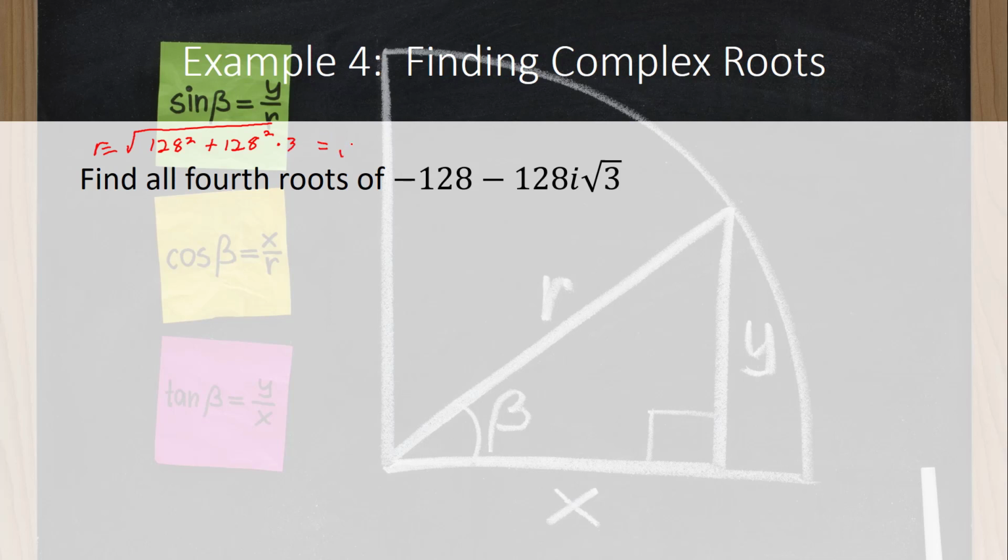That's going to be equal to the square root of 4 times 128 squared. And that will be equal to 2 times 128, which is equal to 256. Okay, now theta is in quadrant 3.